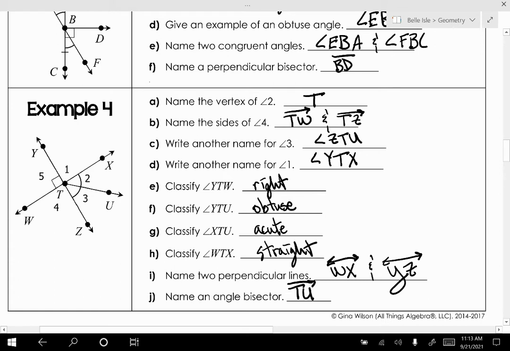Okay, your solutions for example 4 are up here. If we're looking at vertex 2, we're zeroing in on this central point right here, which is T. And then name the sides of angle 4. You've got TW and TZ.